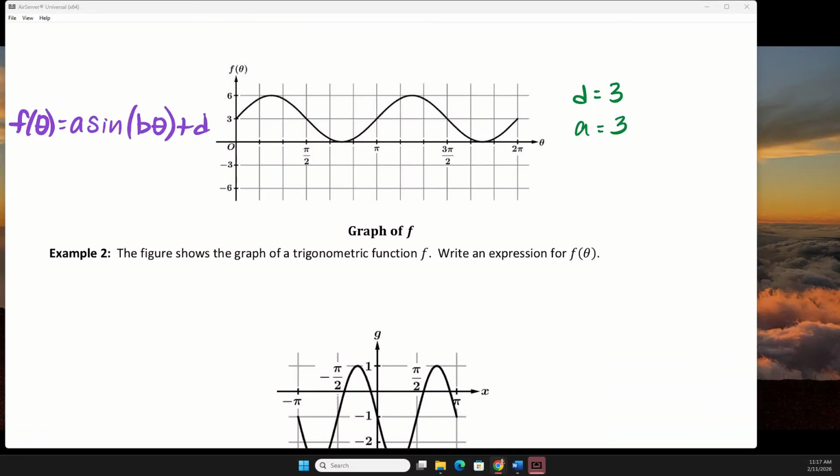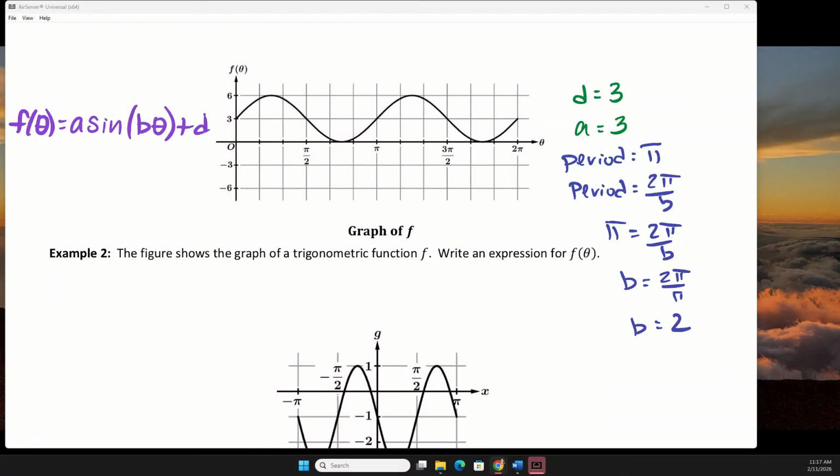Okay, and then B usually takes some effort to figure it out. What is the period of this graph? Pi. And that seems to be a pattern throughout these examples, but that's okay. I'm still going to pretend like we haven't already done this. The period is equal to 2 pi divided by b. So just exactly like what we did. The period is pi, so pi is 2 pi over b. So b is 2 pi over pi, which is still 2, just like it was in the previous problem.